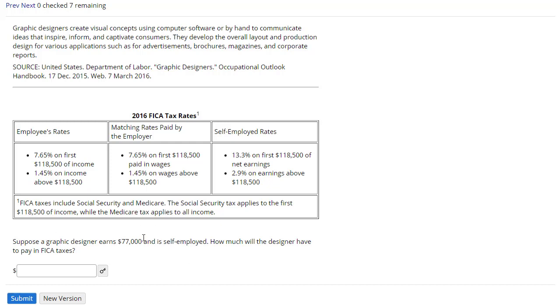So if the graphic designer is self-employed and earns $77,000 a year, we're only going to be in this first tier, right? So we go to self-employed, and they only earn $77,000, so it's really just going to be 13.3% of the actual $77,000.